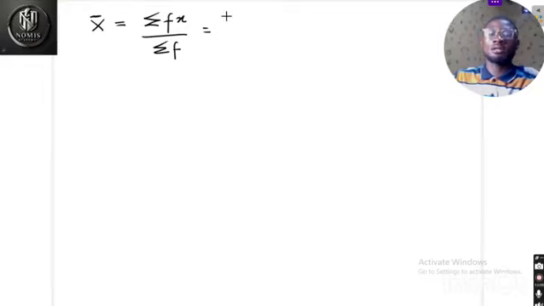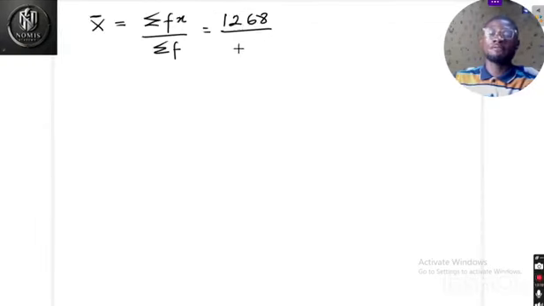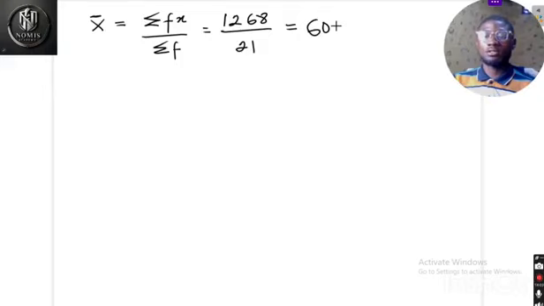So let's take that 1268 and divide by 21, which is our summation f. So we're going to divide 1268 by 21 now. So that gives us 60.38 to 2 decimal places.